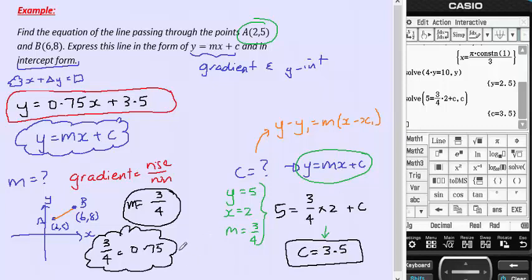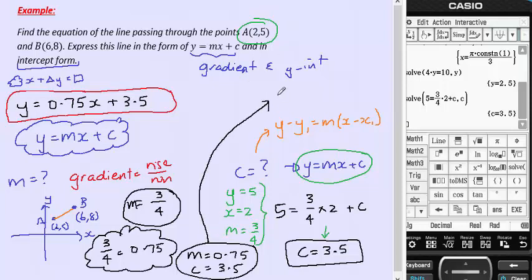So that means that if I know that m equals 0.75 and c equals 3.5, then my equation of y equals mx plus c, and I have to ask for your forgiveness for going up here, then y equals 0.75x plus 3.5, and I'm going to put that in a box.